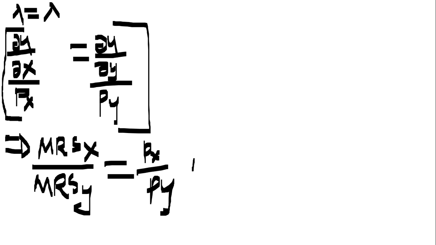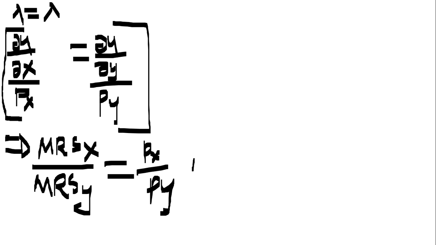So in economics, this is represented by the equimarginal principle, which states that the marginal rate of substitution of good x divided by the marginal rate of substitution of good y must equal the price of good x over the price of good y.